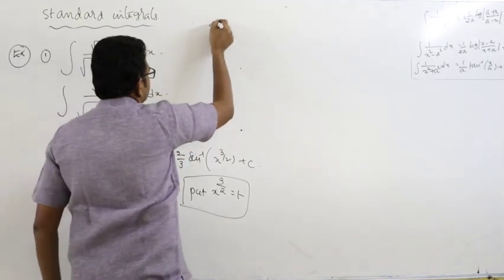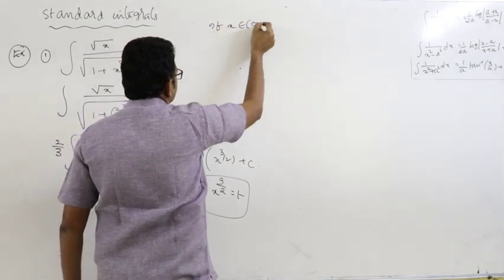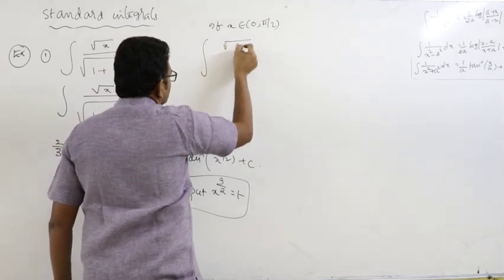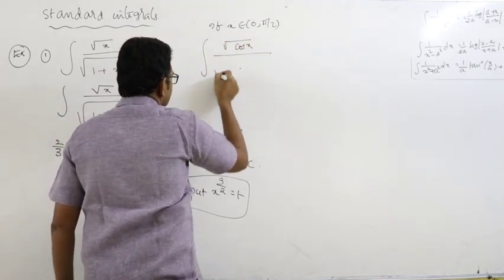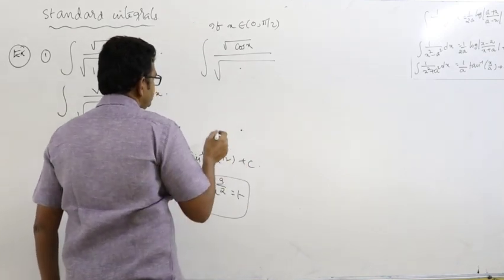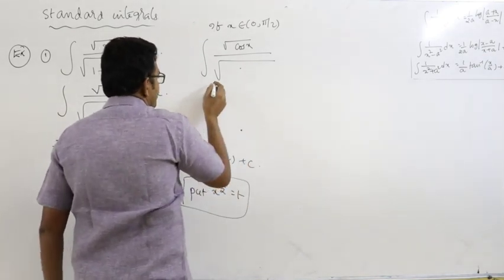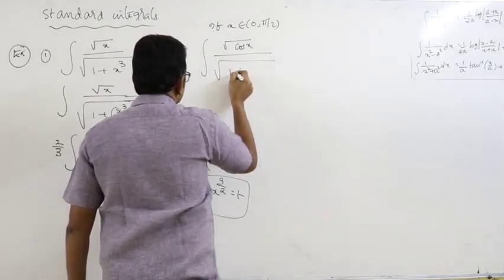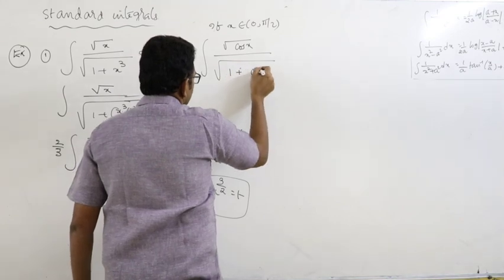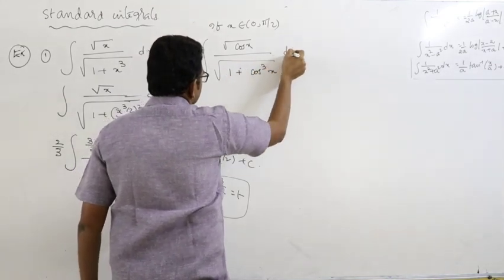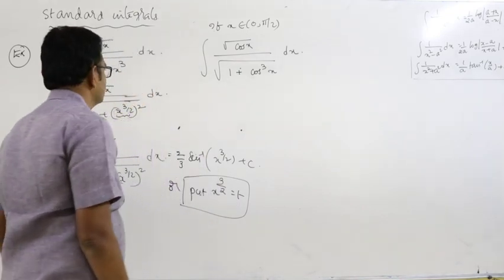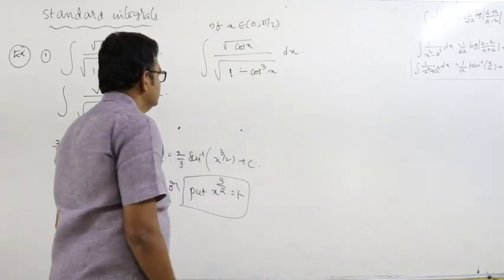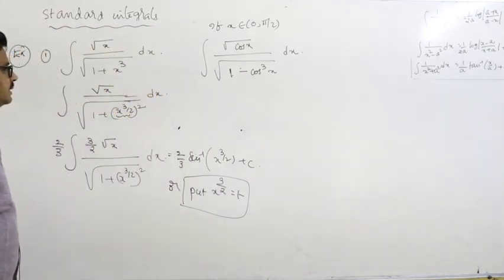Next problem. If x belongs to 0 comma pi by 2, integral root of cos x by root of 1 minus cos cube x dx.